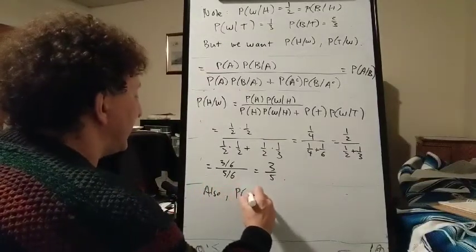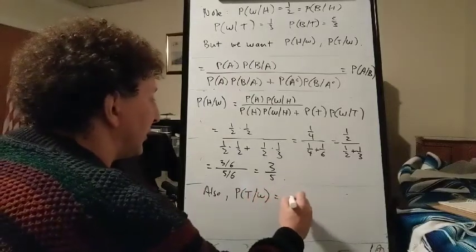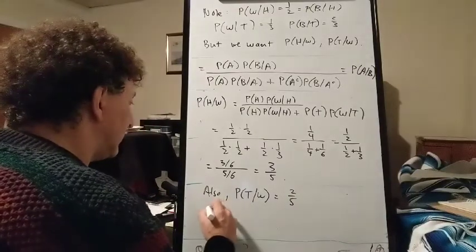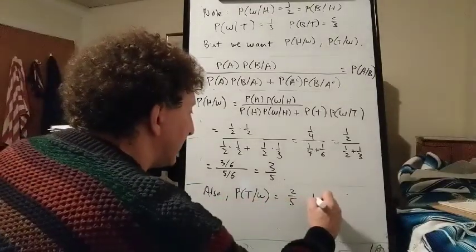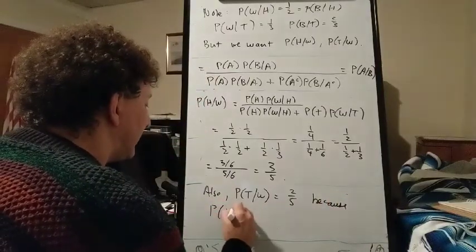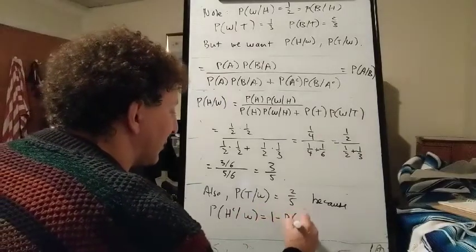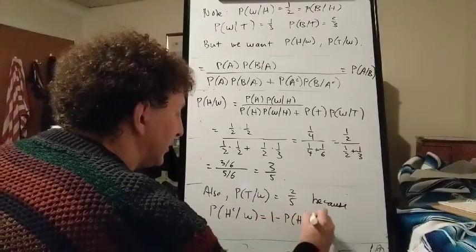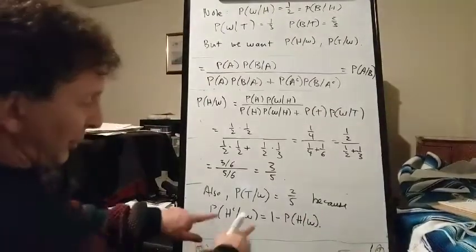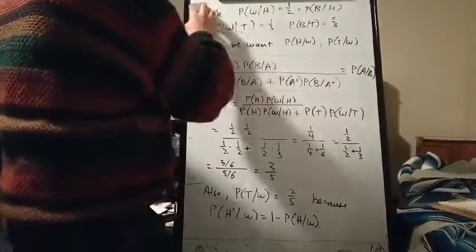Also, the probability of tails, given that it's a white ball, must be 2/5, because the probability of H complement given W equals 1 minus the probability of H given W. Let's maybe look at this in a Venn diagram if this last equality is not perfectly clear.